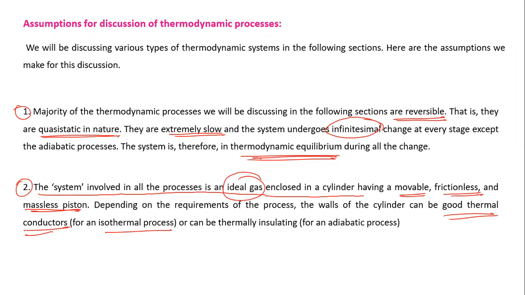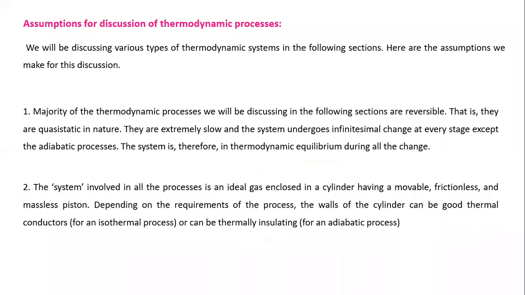For isothermal processes, we require this. The walls of the cylinder must be good thermal conductors or can be thermally insulated. Thermally insulated for what? Adiabatic process. Adiabatic means energy is not going out and not coming in, so in that case it must be thermally insulated. Third, the ideal gas equation is applicable to the system. The ideal gas equation is PV = RT.